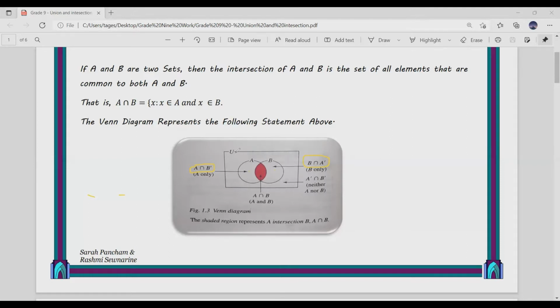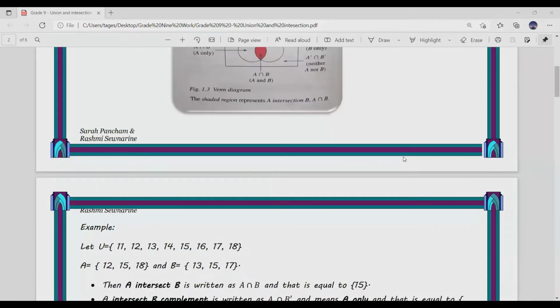So it's going to be outside, in the rectangular box here. It's still in the universal set, but it's not in A, neither is it in B. As we move further into the lesson, we will get more familiar with this.